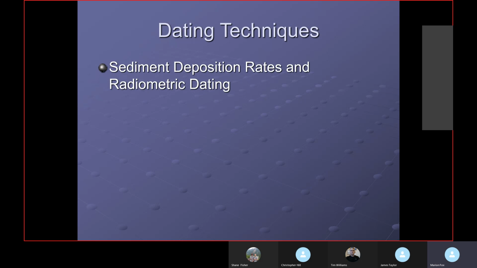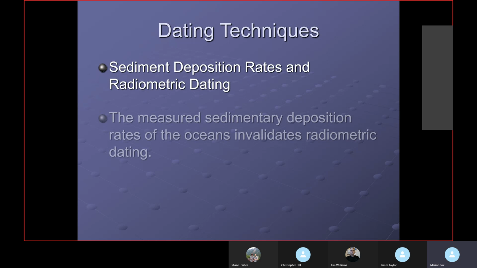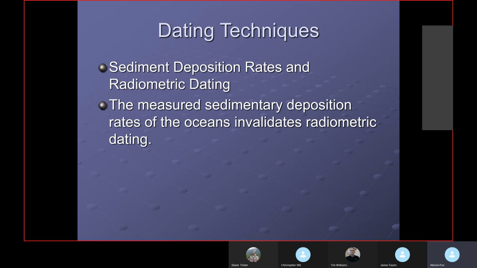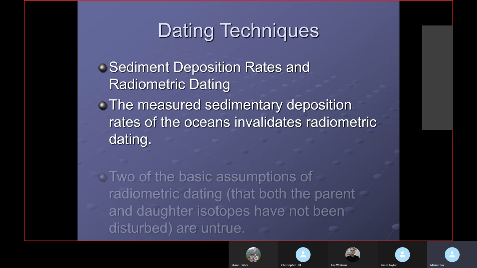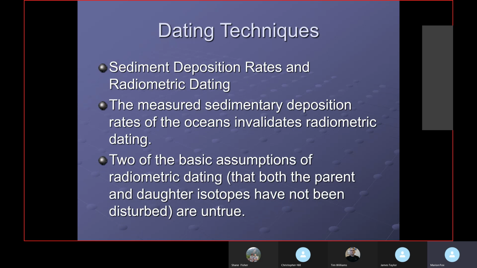Now then, let's look at sediment deposition rates and radiometric dating. The major sedimentary deposition rates of the oceans invalidate radiometric dating. I'll show this here. Two of the basic assumptions of radiometric dating, that both the parent and daughter isotopes have not been disturbed, are untrue. The parent isotope is the isotope we had at the beginning, like carbon-14.